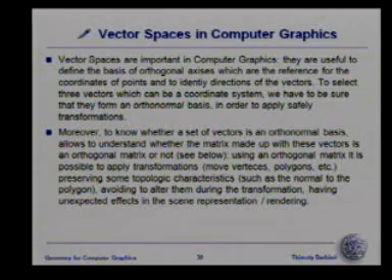Then you do not have a guarantee that your normal stays correct. So you move it, and the same normal that you calculated before the transformation is not valid anymore. You have to recalculate. So, to preserve some topological characteristics, you have to use orthogonal matrices in orthonormal vector sets.